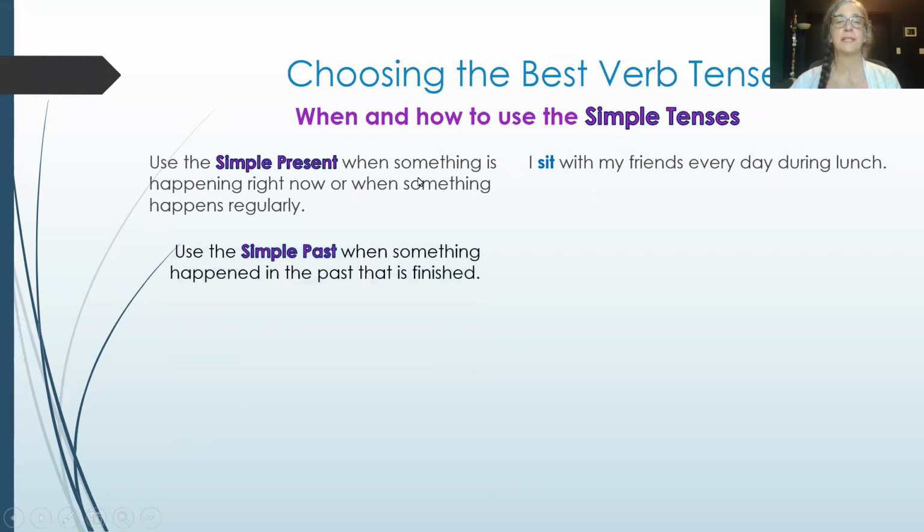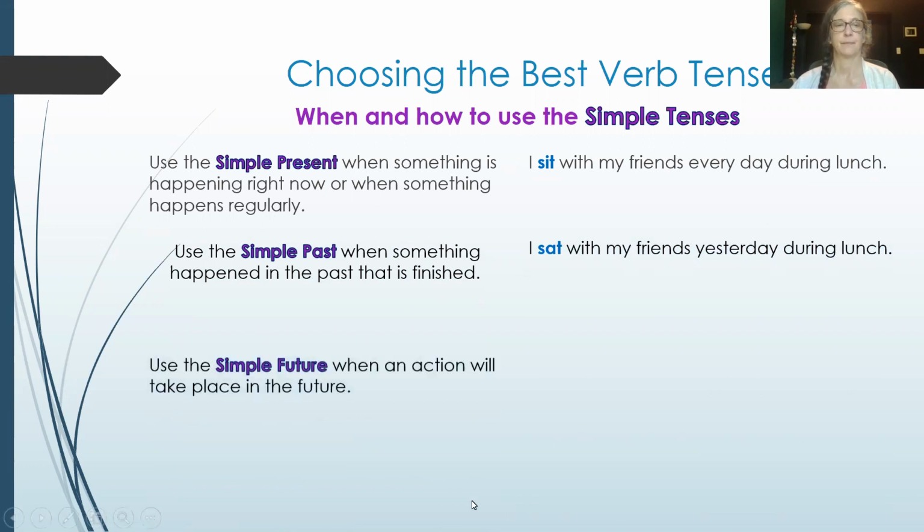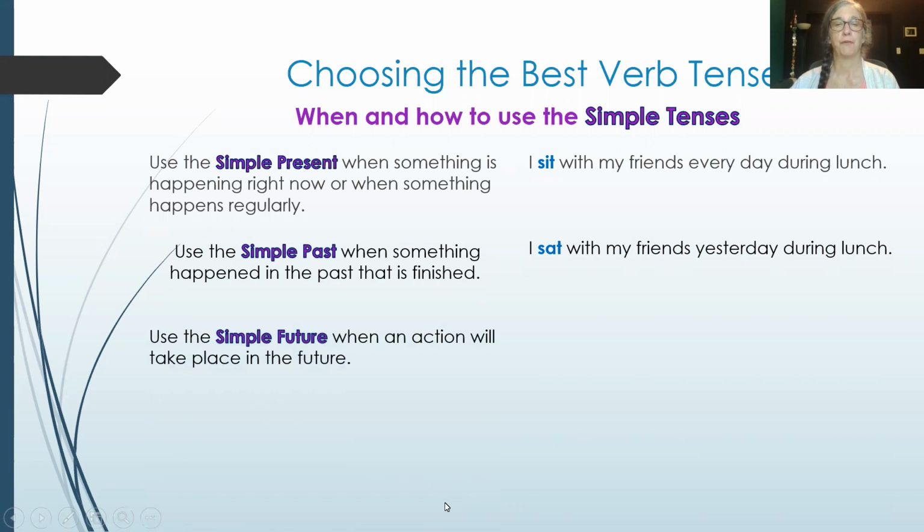We're going to use the simple past when something happened in the past that is finished. I sat with my friends yesterday during lunch. We're going to use the simple future when an action will take place in the future.